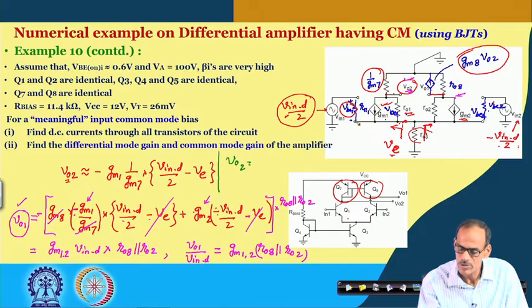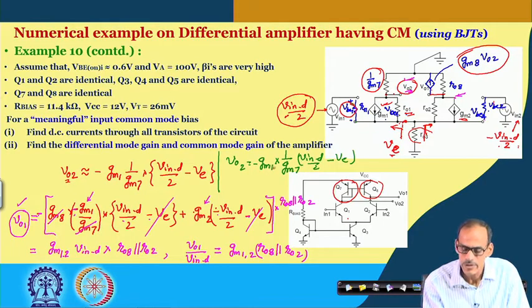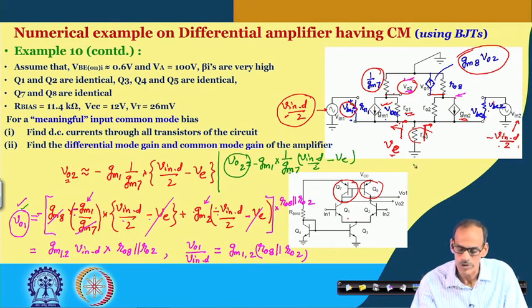So, whatever the voltage you do have is getting multiplied by GM1, but then that is again multiplied by 1 by GM7. So, this is Vind by 2 minus VE, but whatever it is, these two GMs are in the same order of magnitude. As a result, you may say that this voltage is very small compared to VO1.